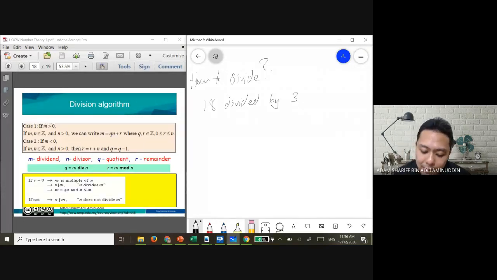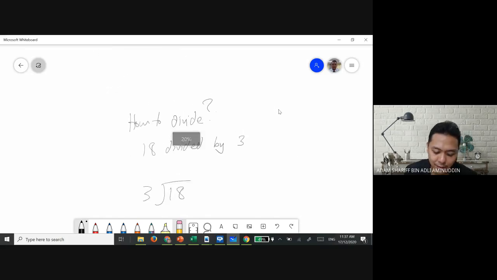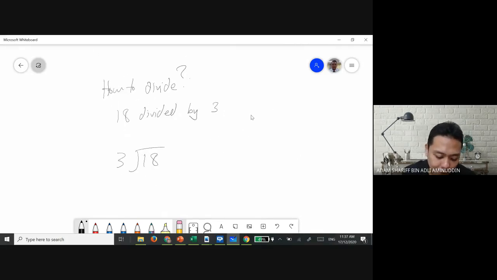How to divide 18 by 3? Almost everyone does it this way. Okay, so we right now have 18 as the dividend, the thing that we want to divide. 3 is the divisor.